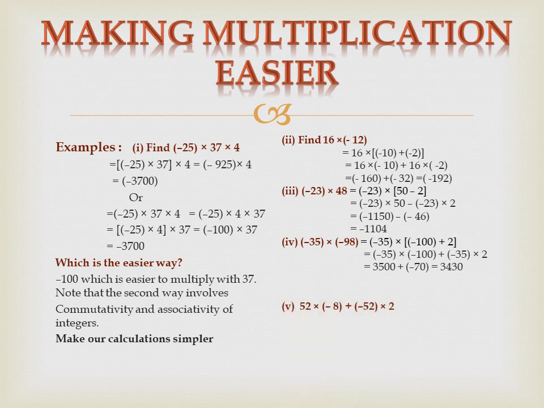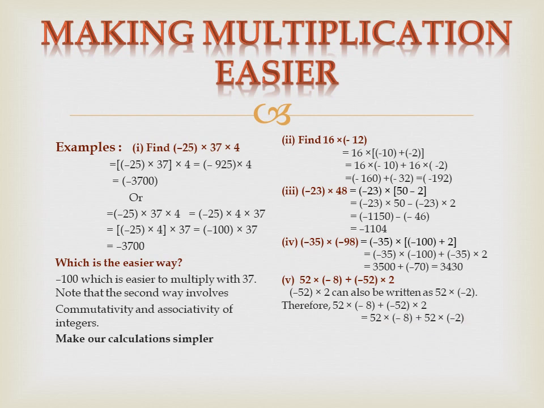One more example, 52 into negative 8 plus negative 52 into 2. Here, negative 52 into 2 can also be written as 52 into negative 2. Therefore, 52 into negative 8 plus negative 52 into 2 can be written as 52 into negative 8 plus 52 into negative 2.